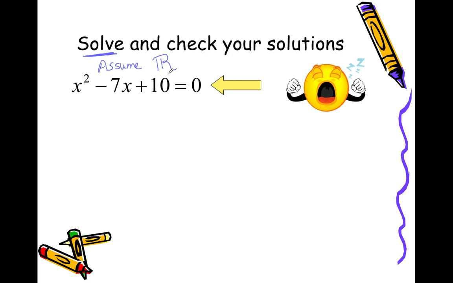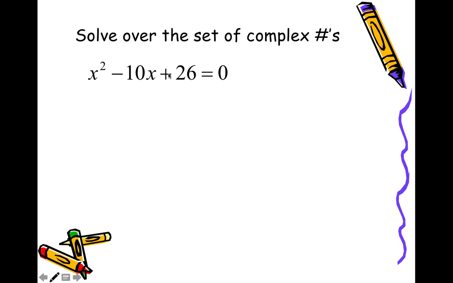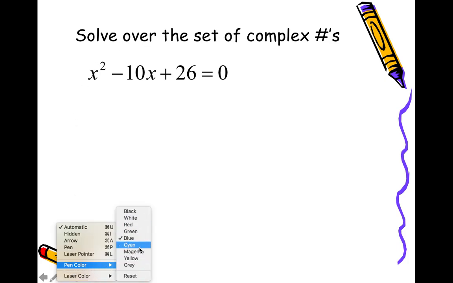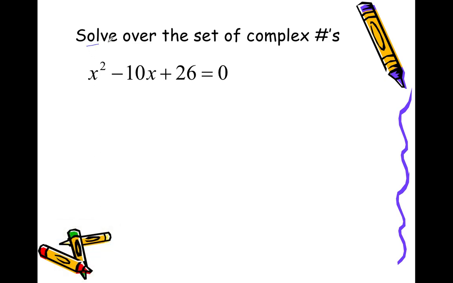You're solving over the set of real numbers. Now look at these directions. I say the word solve is still there, and solve means make y equal to 0. You assume real numbers unless otherwise specified, and look what I did. Solve over the set of complex numbers. Remember, I could also just use the symbol, complex. Now, the solutions to these might be real, but if they're not real, I'm supposed to still find their solutions.